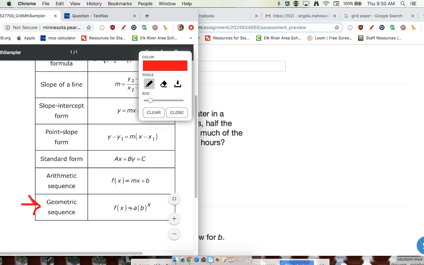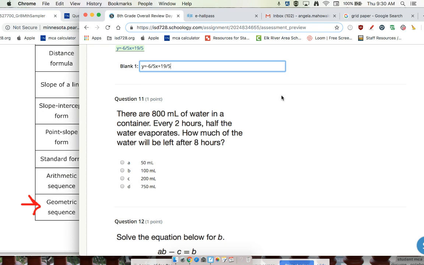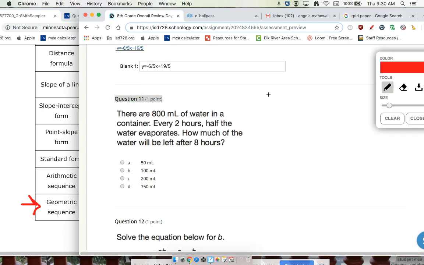It's where we have a decay factor and an initial amount, and it keeps decreasing by itself. So I am going to write a dot b to the x, and then my decay factor is a half, so 1/2.